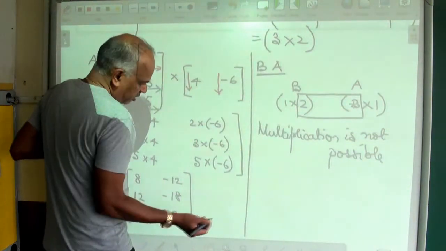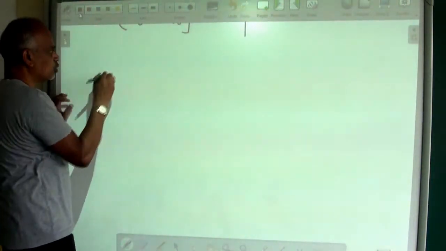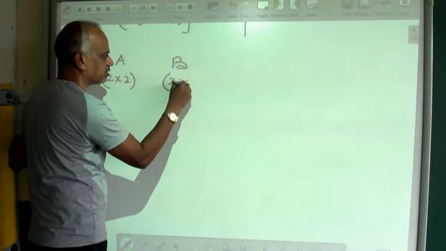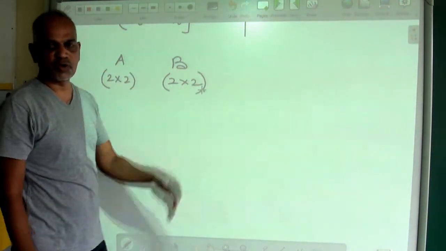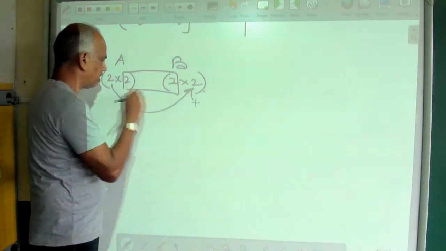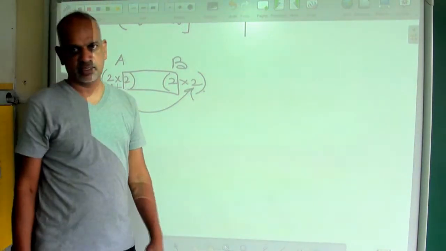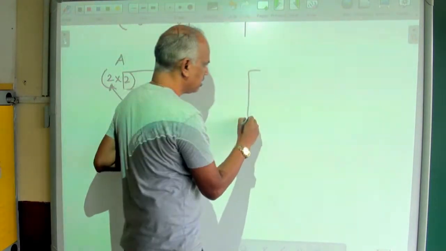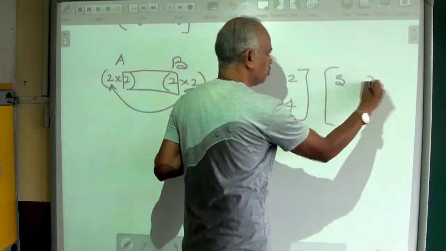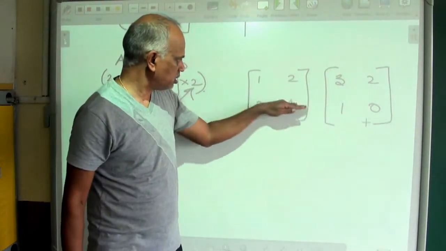Now, for certain matrices like this, A is a 2 by 2 matrix, B is also a 2 by 2 matrix. For this, there is no need for you to check anything because these two numbers are same. The result also will be a 2 by 2 matrix. So in such cases, there is no need for you to check. If A is 1, 2, 3, 4 and B is 3, 2, 1, 0, both of them are 2 by 2 matrices, with 2 rows and 2 columns.